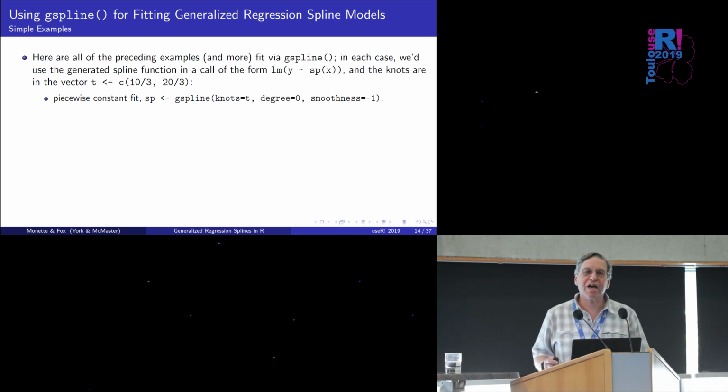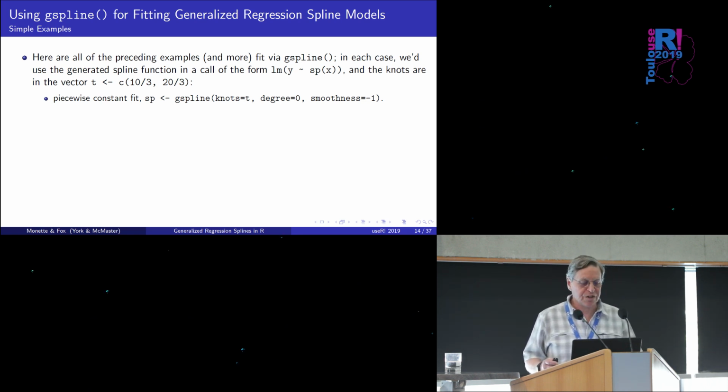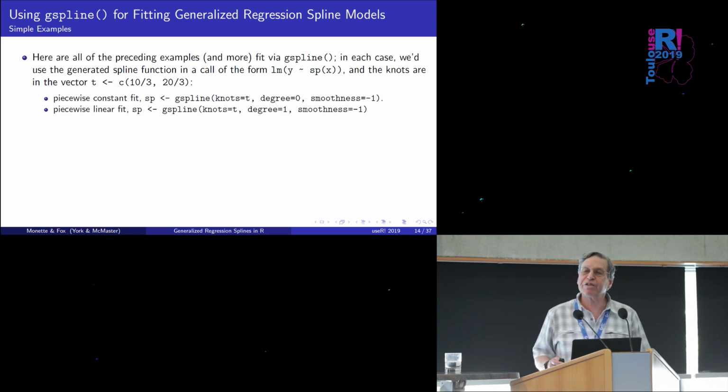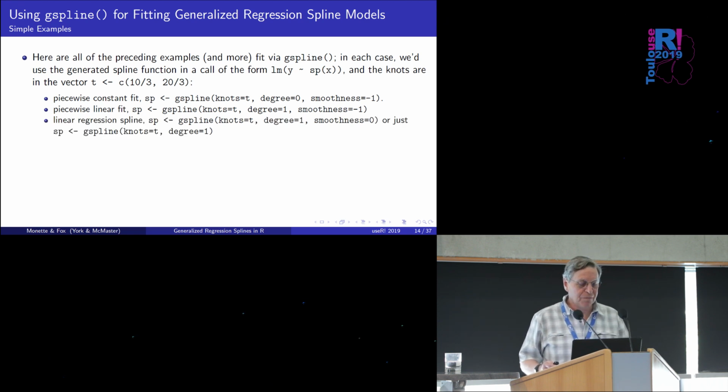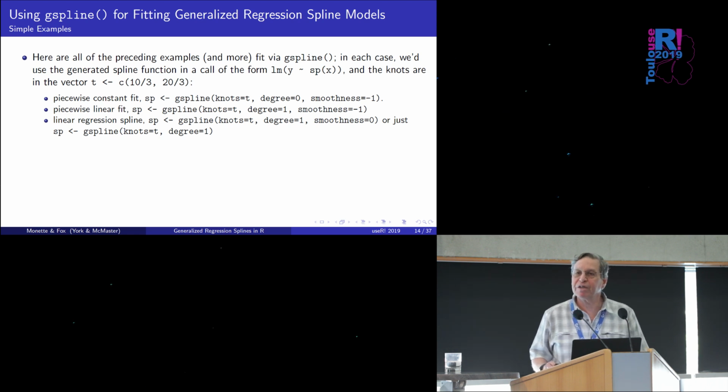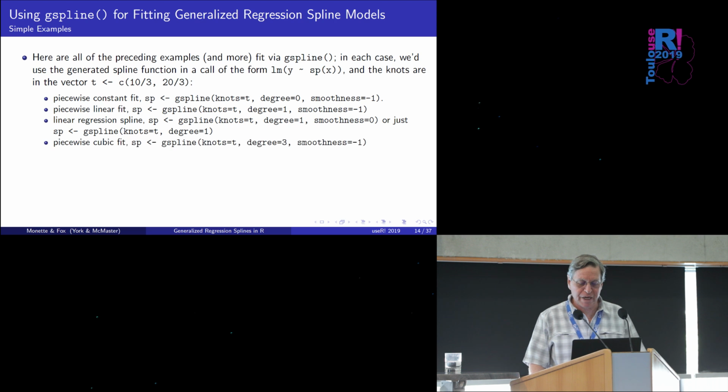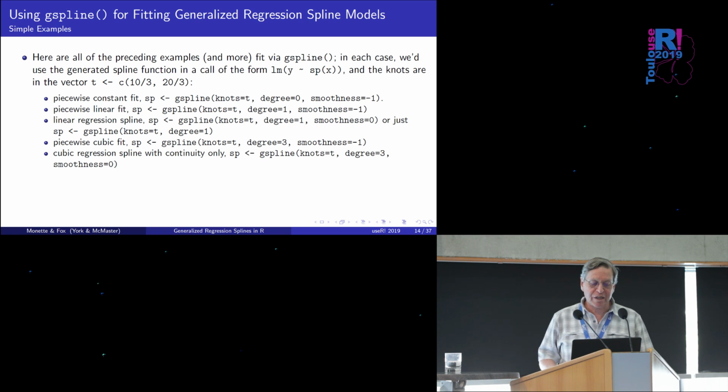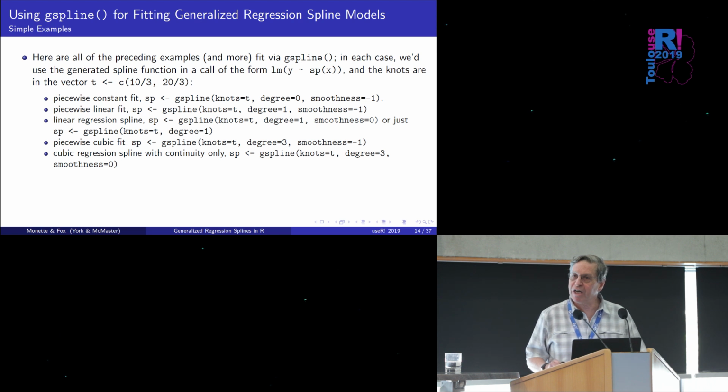Okay, so the piecewise constant fit, a piecewise linear fit, where smoothness of -1 indicates a discontinuity, a linear regression spline with smoothness 0, that is matching level but nothing else at each knot, a piecewise cubic fit, and a cubic regression spline with only continuity, not matching any derivatives.